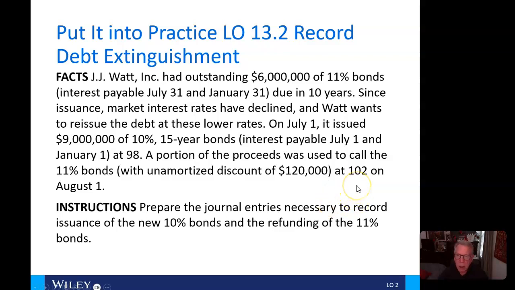And they bought it back at 102% on August 1. So they want you to prepare the journal entries necessary to record the issuance of these new 10% bonds and refunding or buying back the 11% bonds.